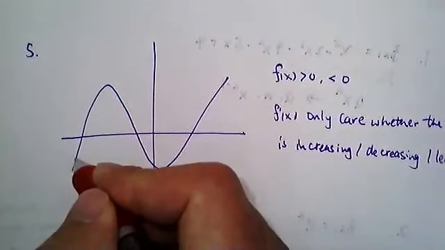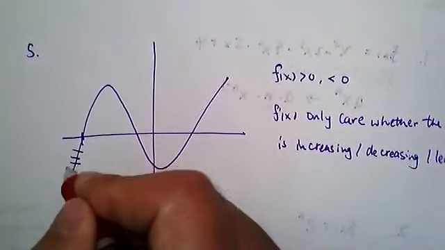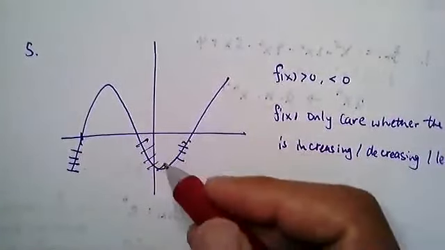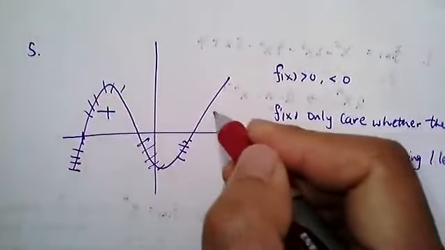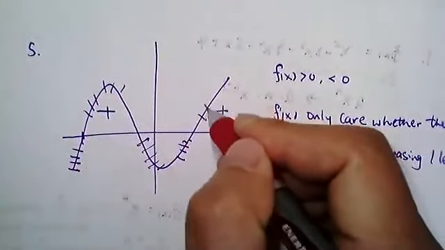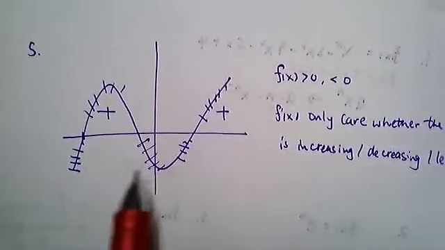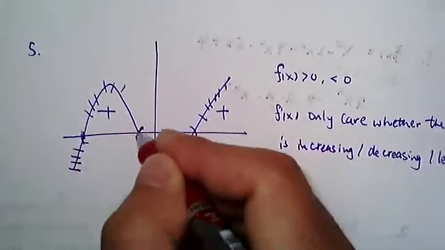Obviously, this line goes below 0 when it is here, here, here, okay? And it is positive when it is here, here. So you have to write down the intervals like this, those intervals.